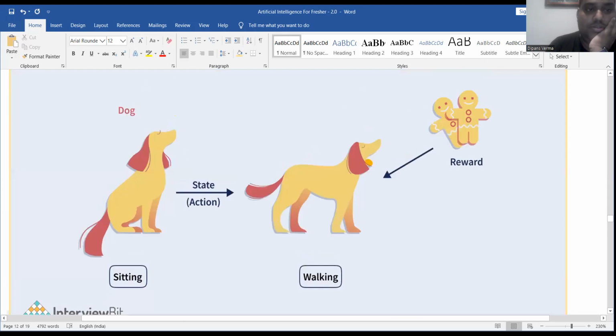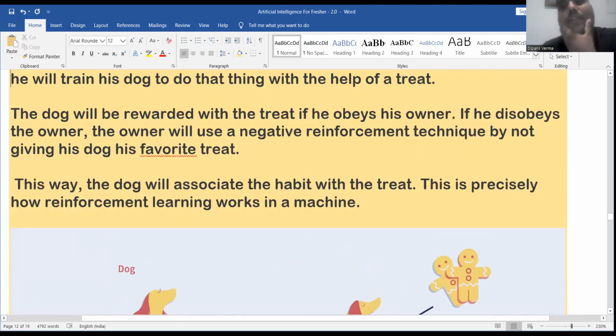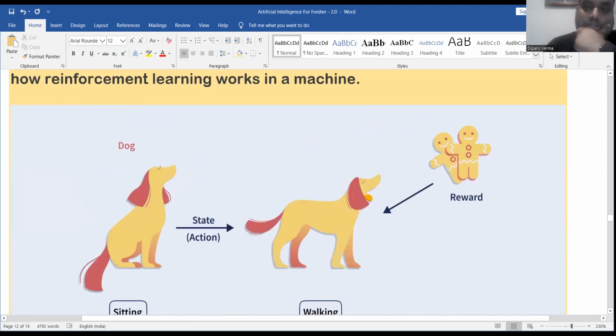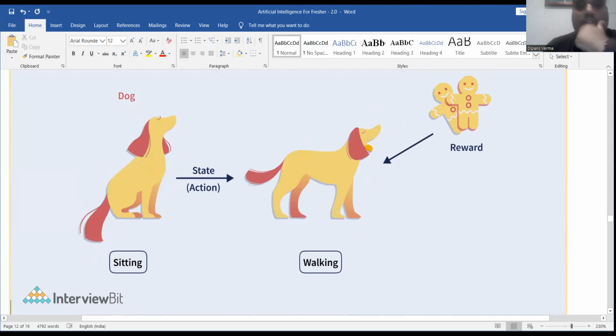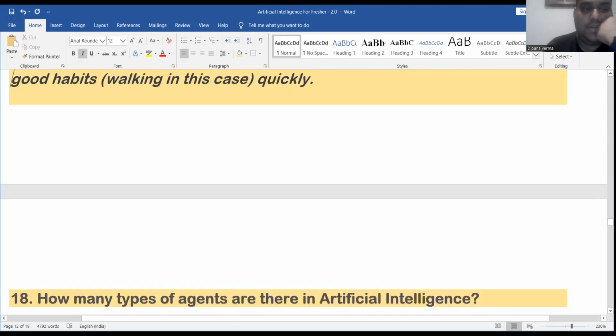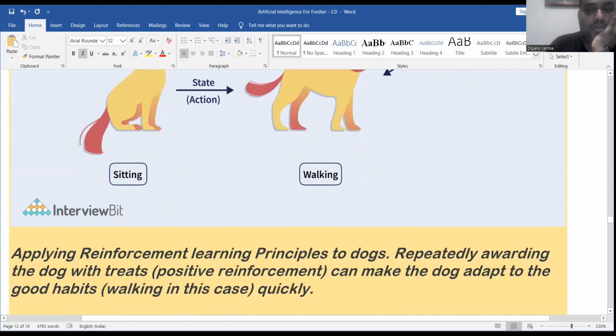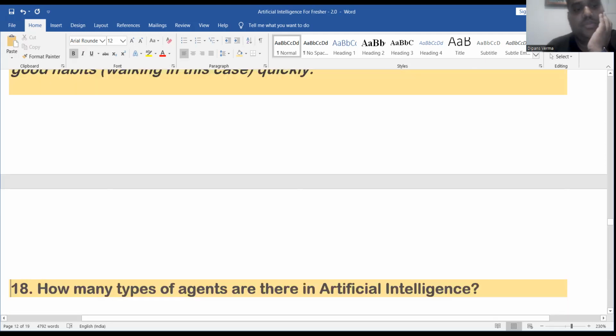This way, the dog will associate the habit with the treat. This is precisely how reinforcement learning works in machines. State, action, rewards: walking, sitting, right? You can say applying reinforcement learning to dogs typically means awarding the dog with treats. Positive reinforcement can make the dog adopt good habits. Okay.